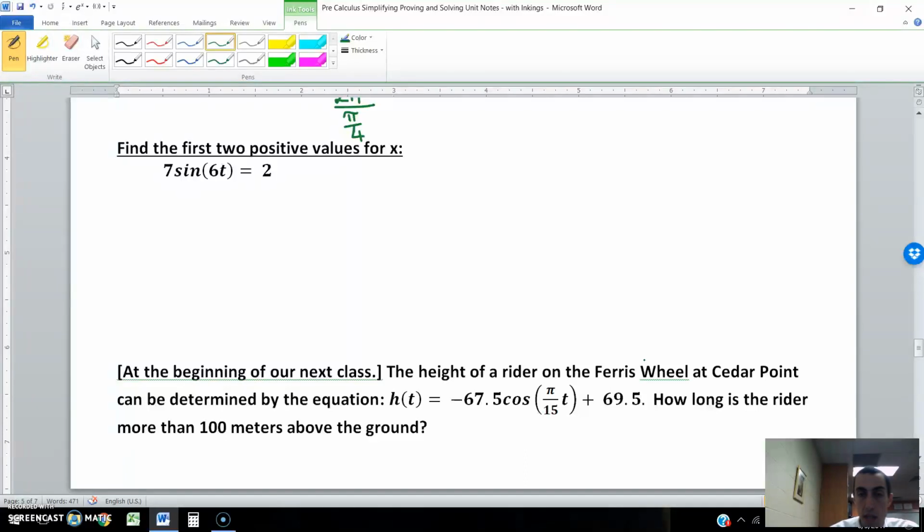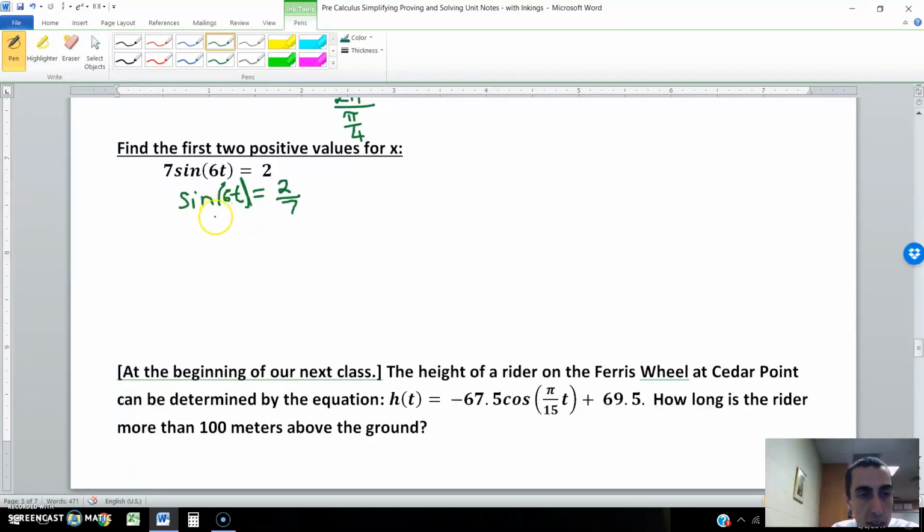Next up. On this one, I think I put a note in the paper copy of your notes that we're going to need to use a calculator on these. So first thing, we'll isolate our trig function. It's going to be 2/7 there.